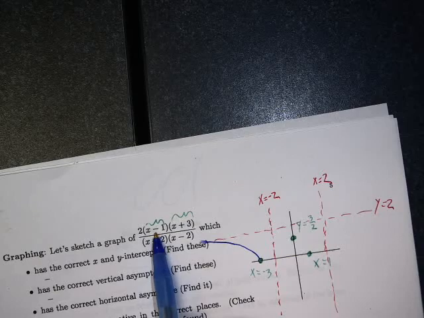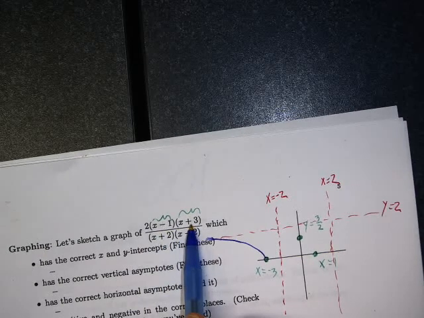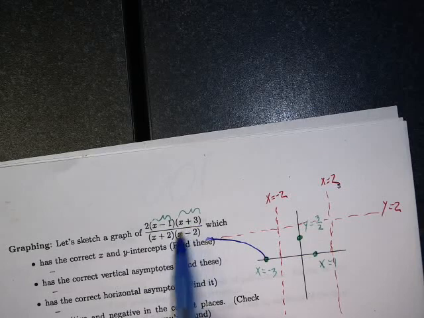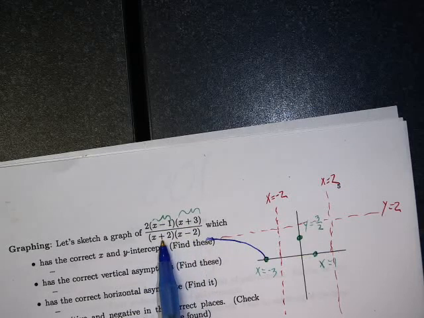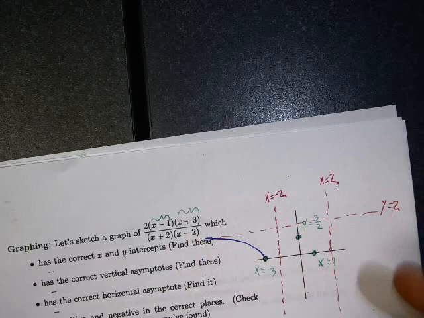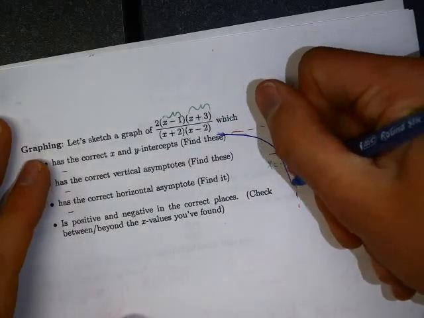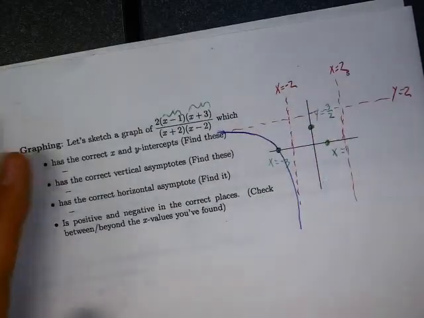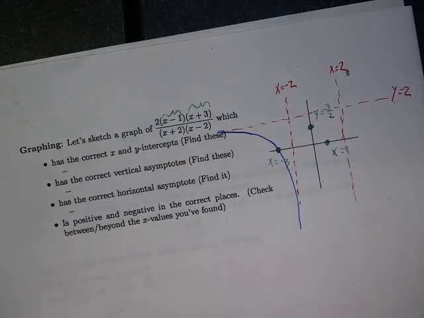So I'll just try to keep track of how many negatives. So there's 1 negative. X plus 3, positive. X plus 2, negative. X minus 2, negative. That's 3 negatives, so will it be positive or negative in that range? Negative. And I need to make it to that vertical asymptote. So that's where it has to go.